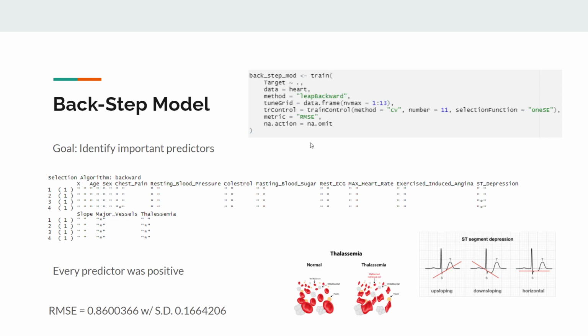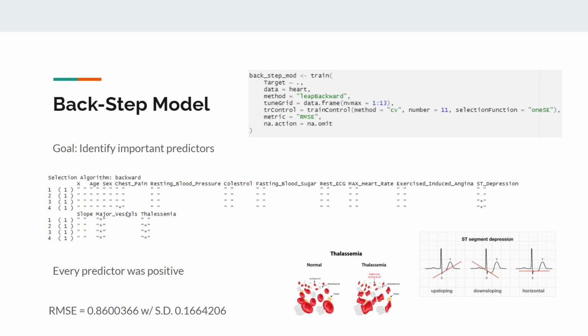Okay, so here we are trying to figure out if we can identify more important predictors than those ones we just chose at random originally. So I put all of the data into this backstep model, and we use the 1SE selection function, and with that we find the simplest model within one standard error is this one with 4 predictors, specifically chest pain, which is a measure from 1 to 4 of an individual's chest pain.